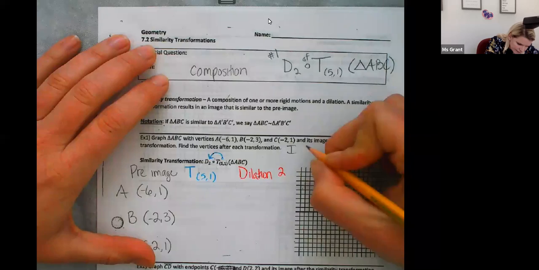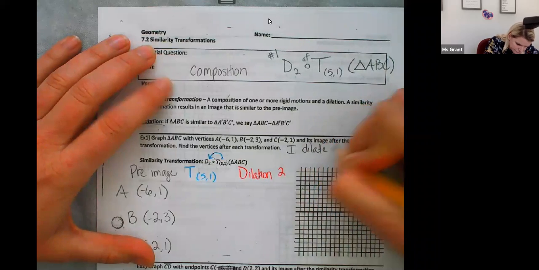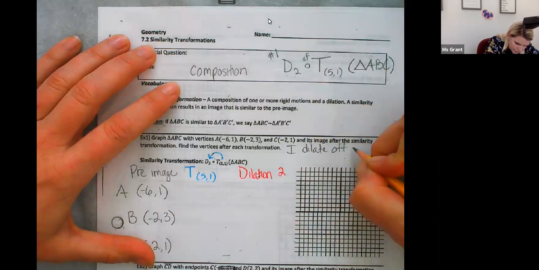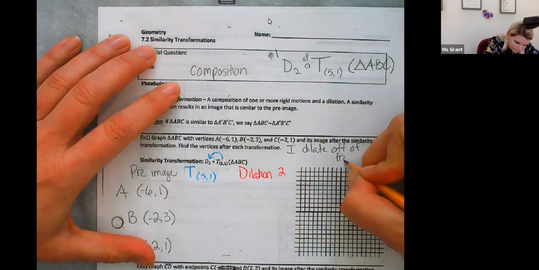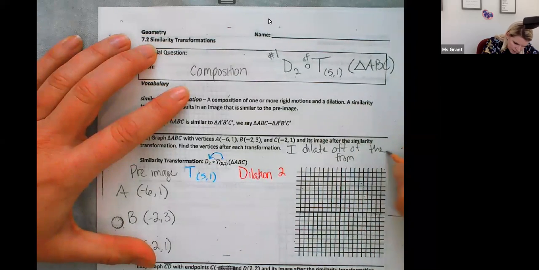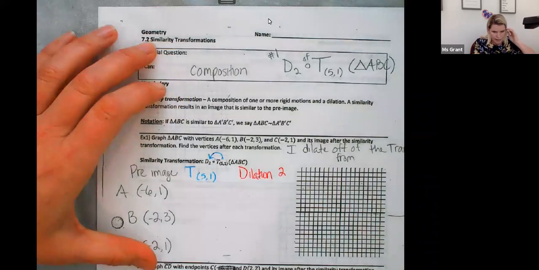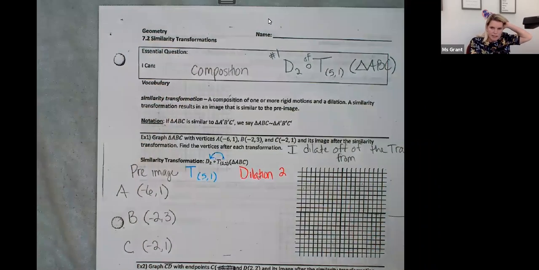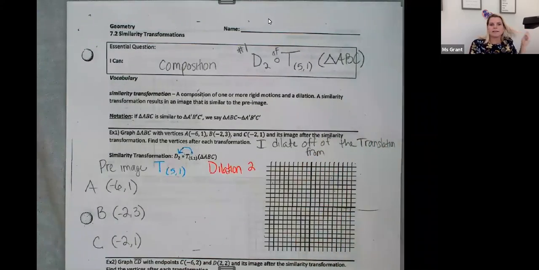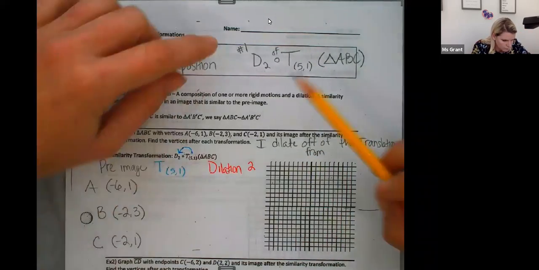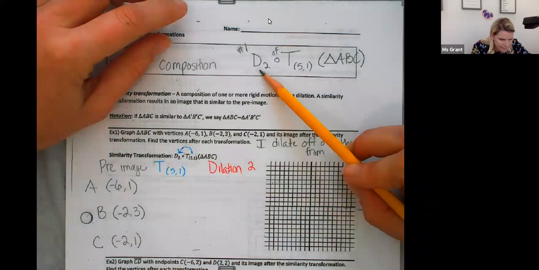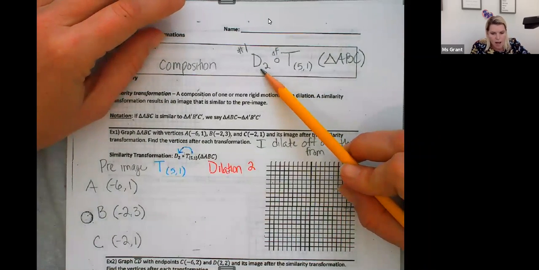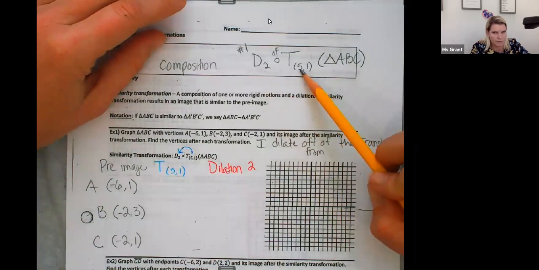I dilate off of or from the translation. Okay. The dilation, there you go. The dilation with a scale factor 2 of a translation 5 units to the right and 1 unit up.